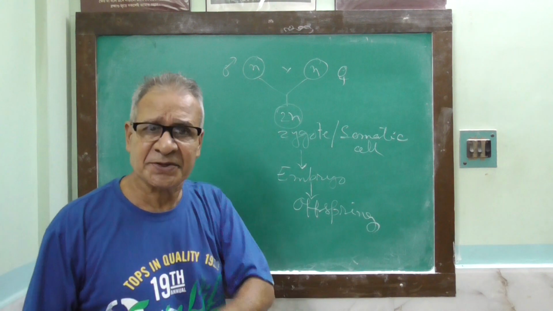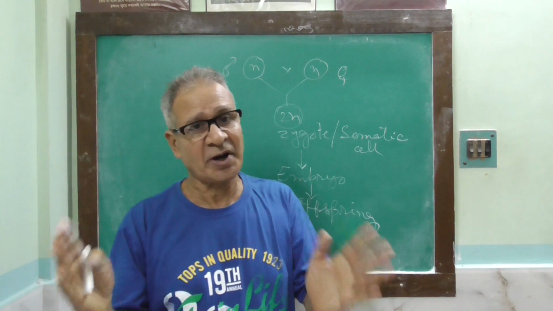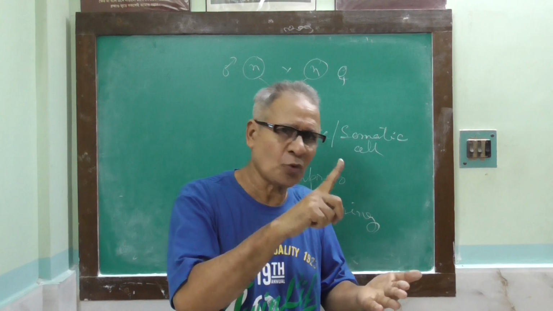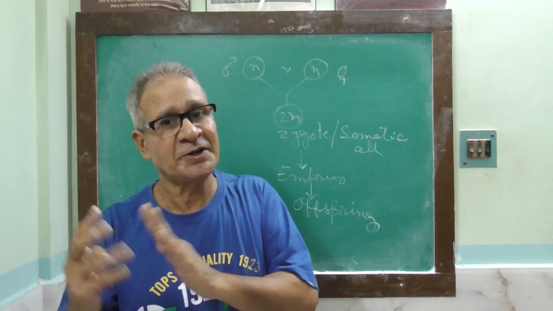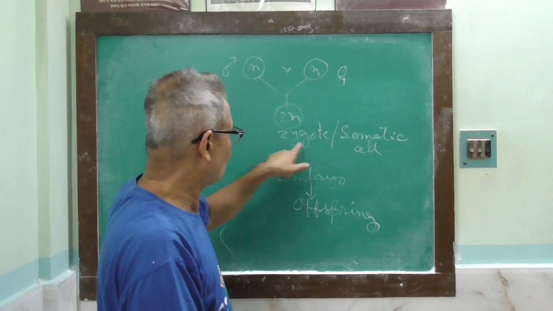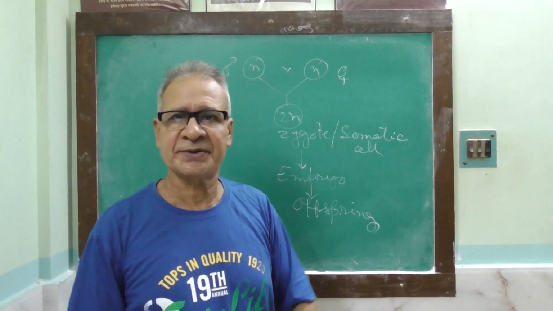Mitosis is the cell division where a mother cell divides into two daughter cells which are identical in respect of chromosome number, that is quantity, and in respect of quality. So all the cells, the zygote or somatic cells formed by mitosis, are also somatic cells.